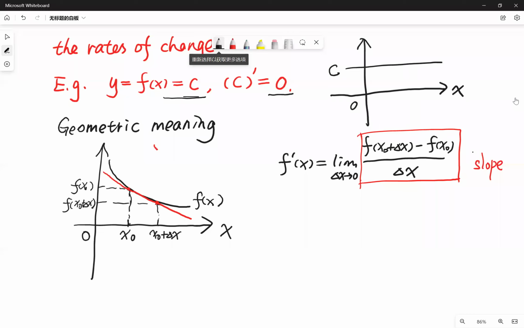And if we take the limit as delta x approaches 0, that means this point moves to x0, right? And so we can get a tangent line of this function here.